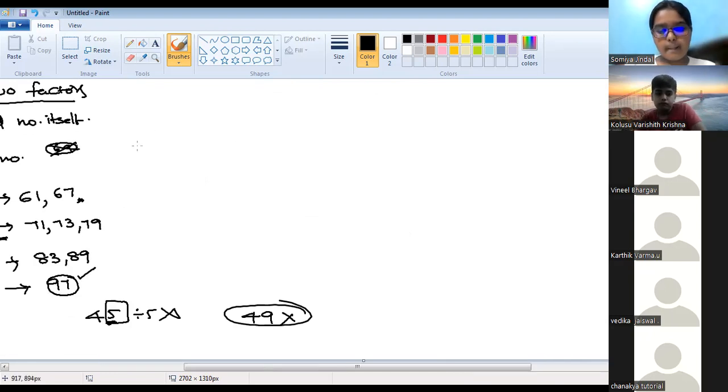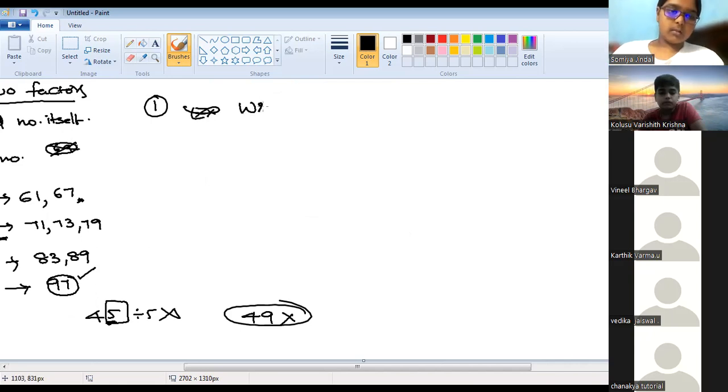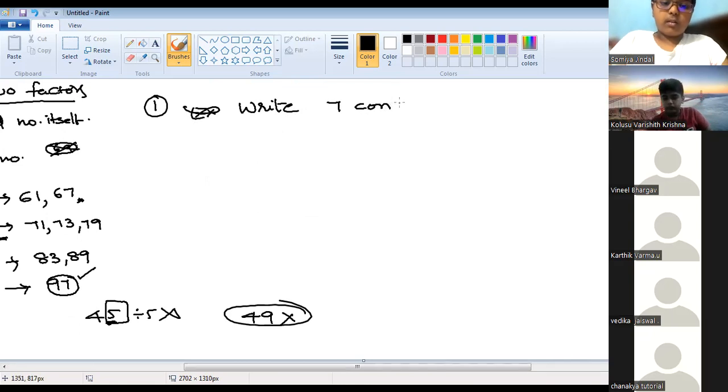The question I wrote is based on the same thing. Write 7 consecutive numbers. Consecutive means side by side, immediately next numbers.